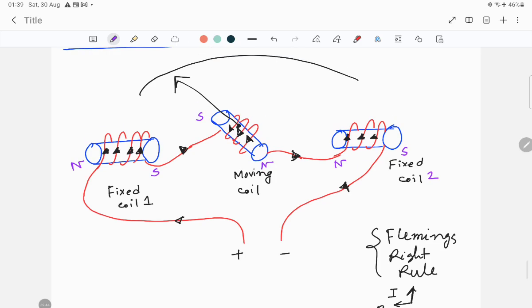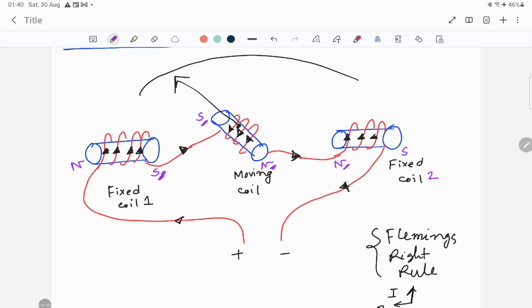Okay, so if we look closely into the polarity of these fields, you can see when the south pole is generated over here, the south pole will also generate over here. When a north pole is generated over here, again a north pole will generate over here. Now we know the same polarity will oppose each other, right? So what will happen?